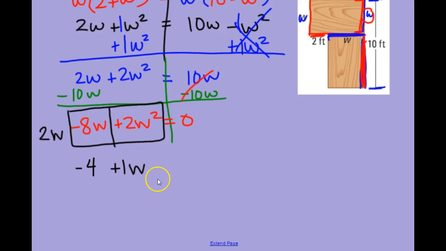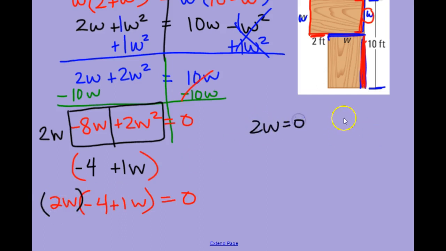So I have this piece, negative 4 plus 1w, and I have a 2w, all equal to 0. I just wrote out both pieces here, equal to 0. So now, 2w here could be equal to 0, or negative 4 plus 1w could be equal to 0.